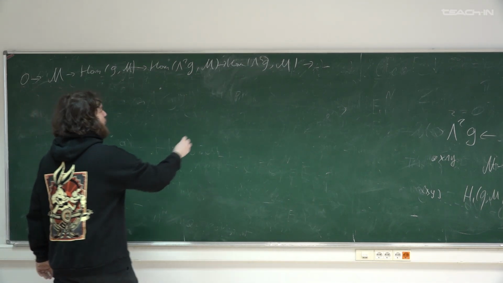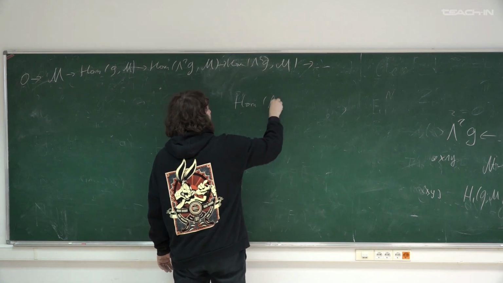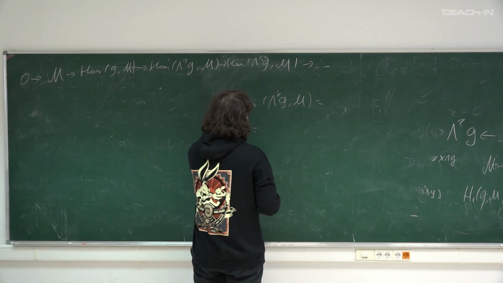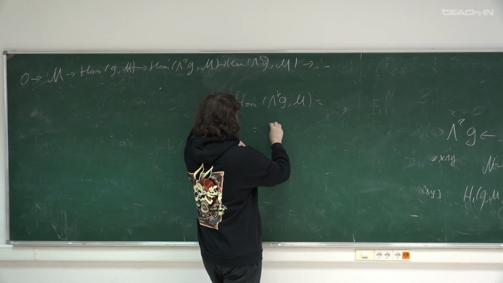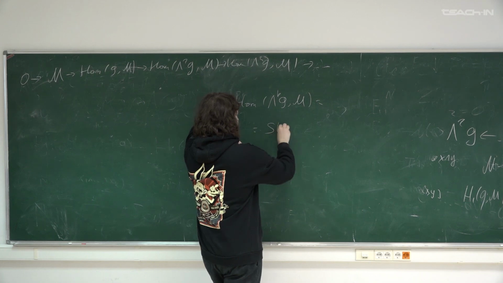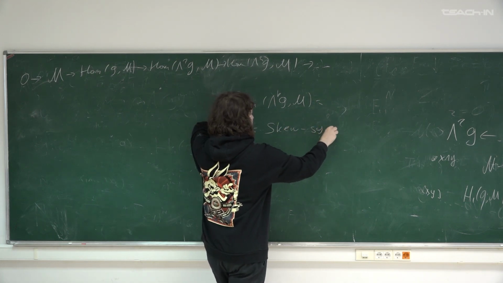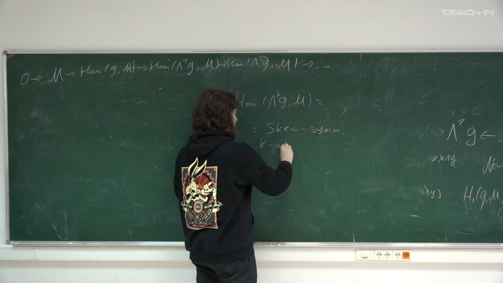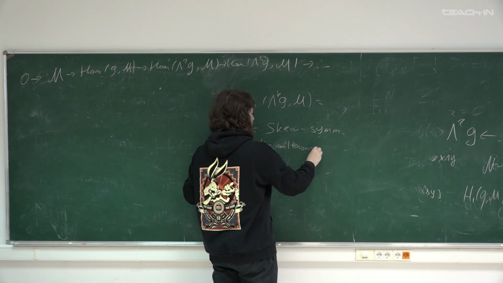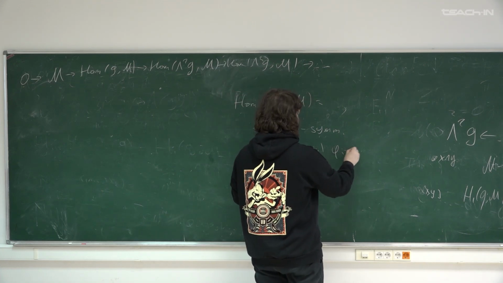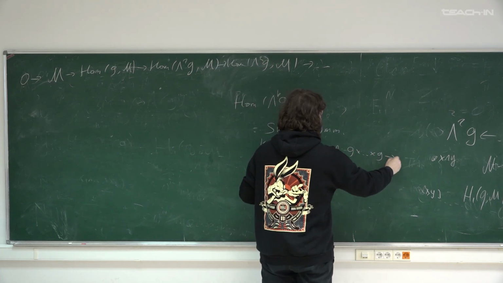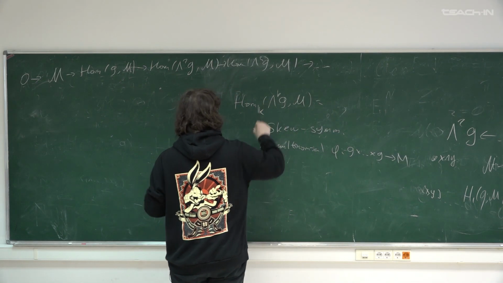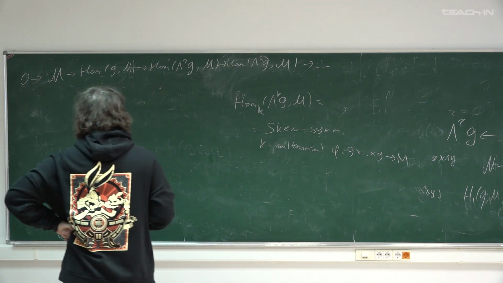Let me note that hom from lambda k g to m, it's skew-symmetric maps. It's skew-symmetric k-multilinear forms from G with values in M as vector spaces.